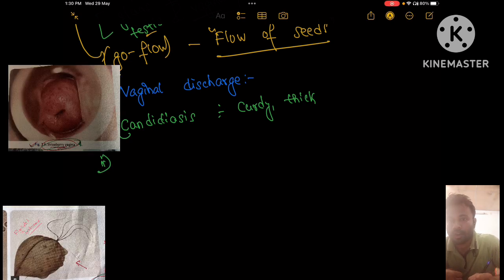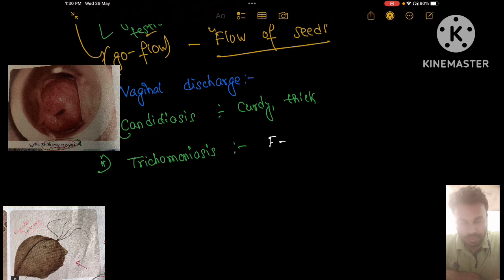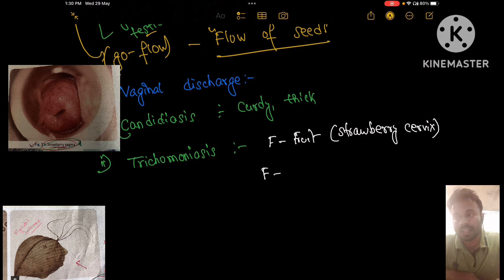Next, trichomoniasis. F for fruit. So, strawberry-like cervix. Trichomonas vaginalis has flagella.